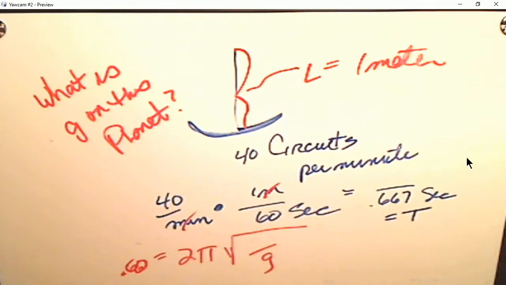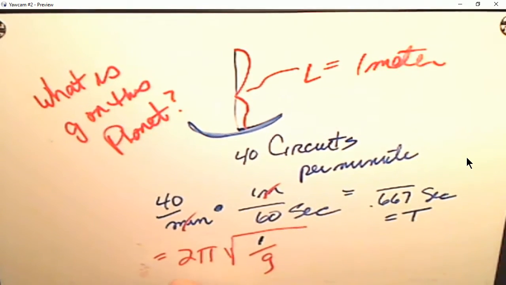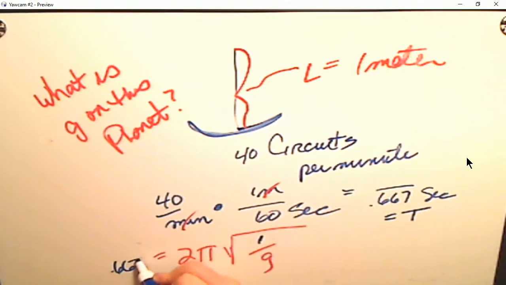Length is 1. I'll do this in another color so you can see it better. You have only one variable left, G.